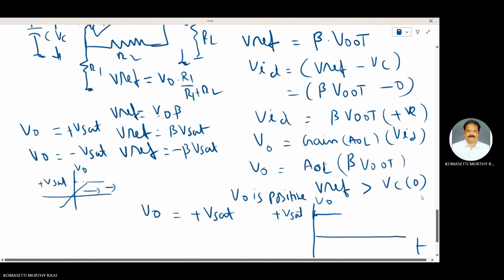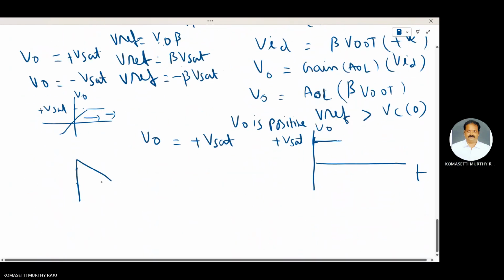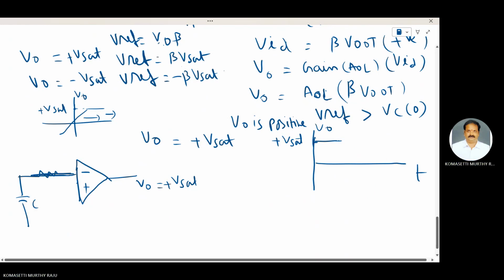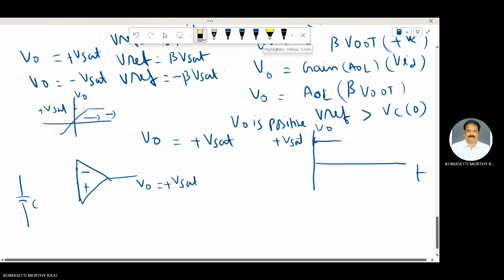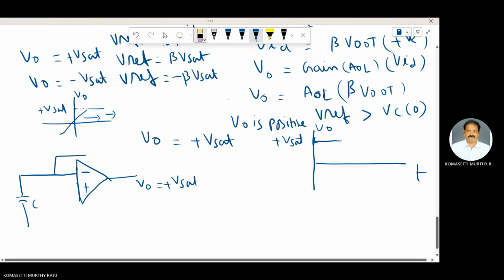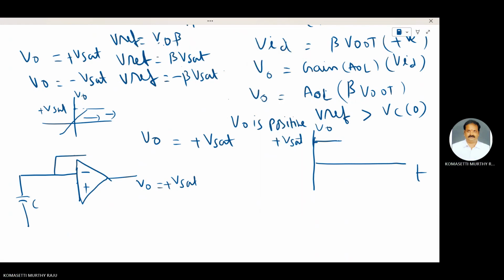Once V naught is at plus V set, there is a capacitor here, capacitor C, and here some resistance is connected. Resistance R is connected here.